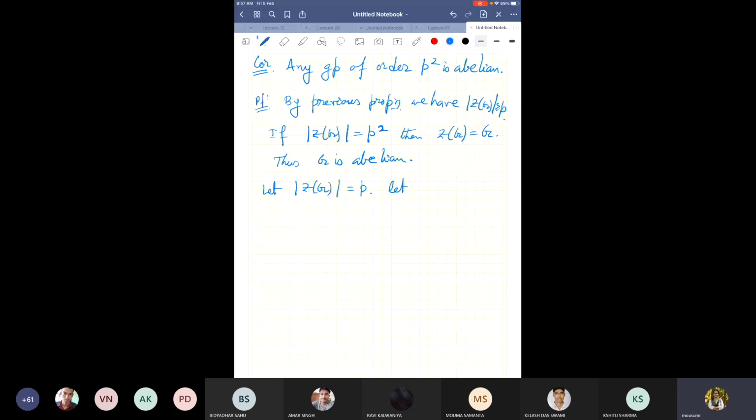So let x be an element of the group which is outside the center. Then what can you say about the centralizer of x?